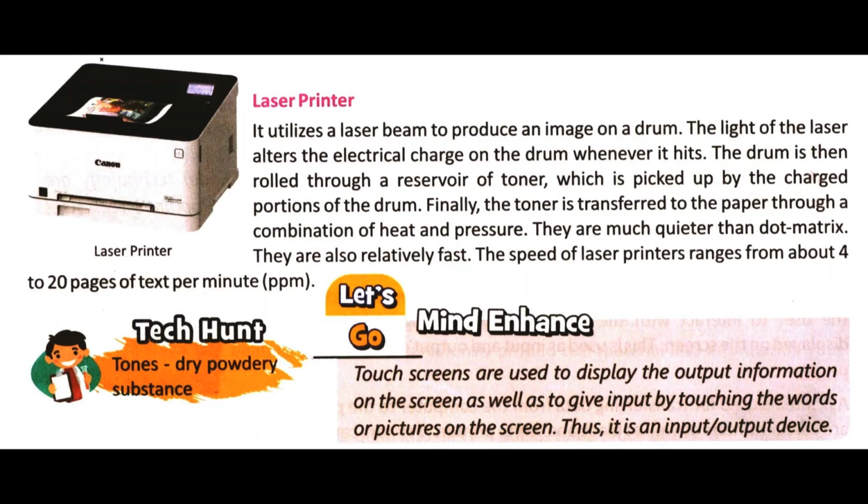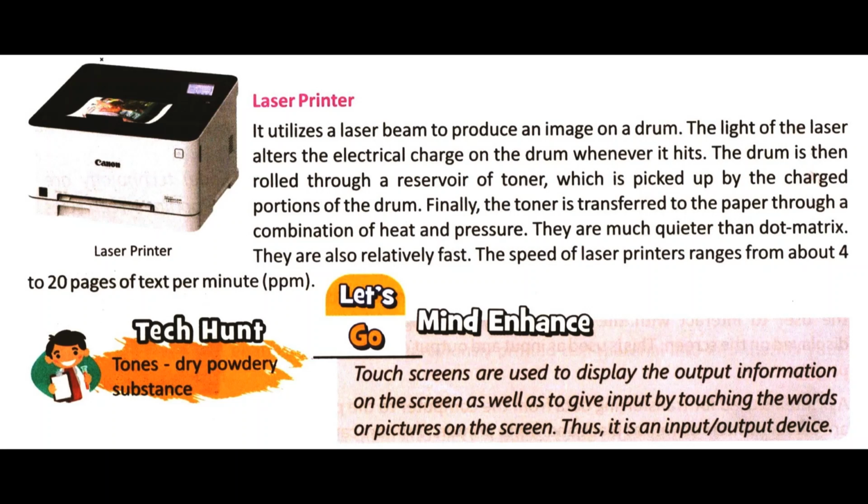Laser printers utilize a laser beam to produce an image on a drum. The light of the laser alters the electrical charge on the drum wherever it hits. The drum is then rolled through a reservoir of toner, which is picked up by the charged portion of the drum. Finally, the toner is transferred to the paper through a combination of heat and pressure.